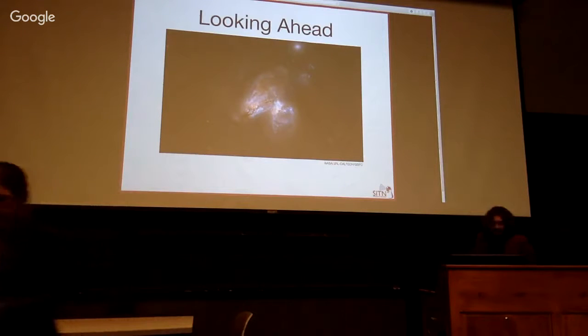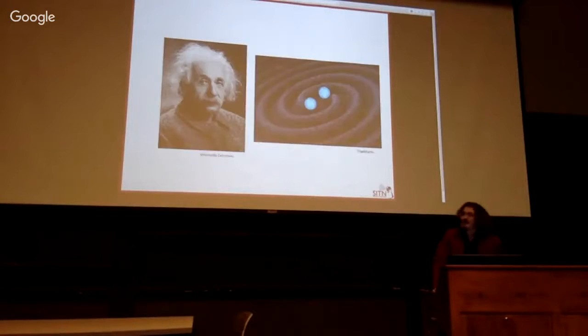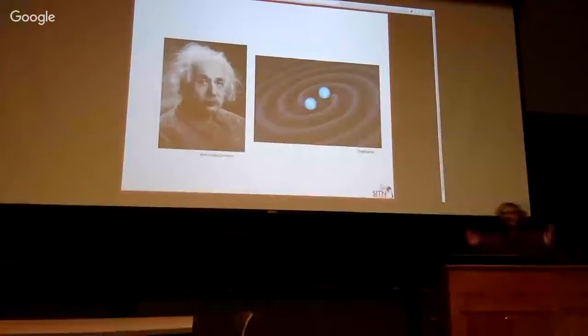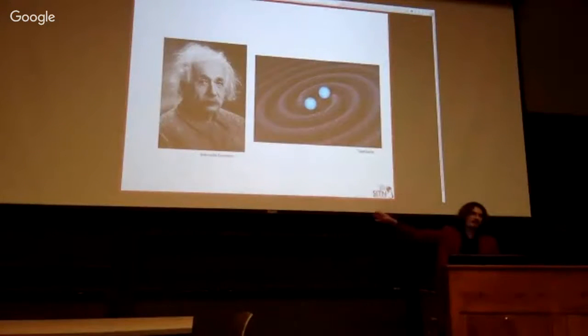All right, so I don't have much to say. I'll just finish off the talk by giving you essentially an overview of what we expect to see in the future. We took the story from Einstein back in 1915 and arrived at this nice discovery of gravitational waves last September.